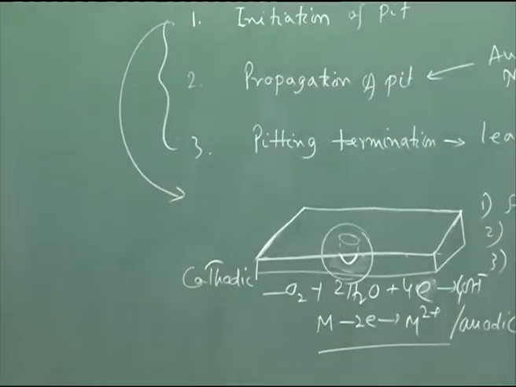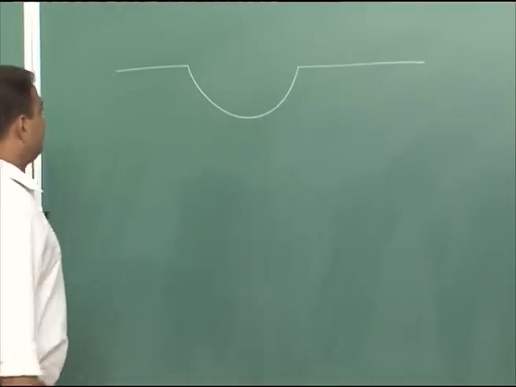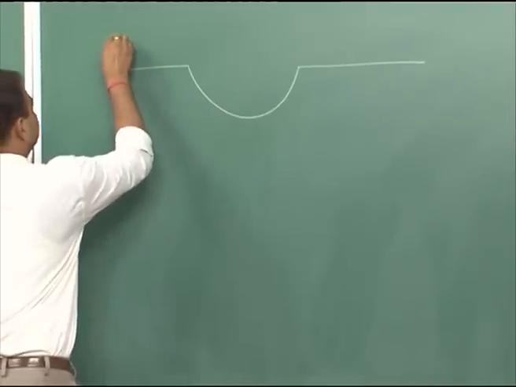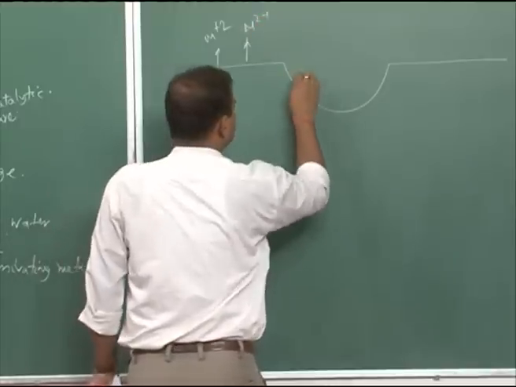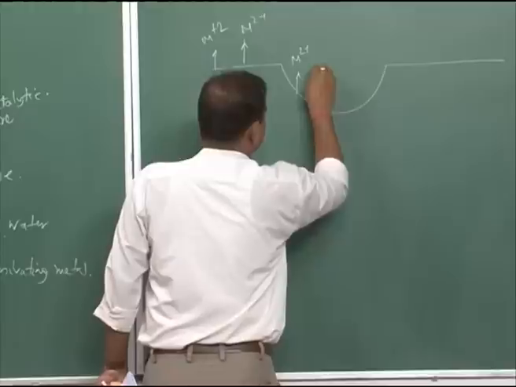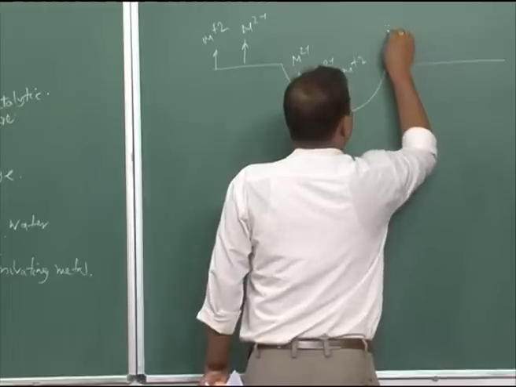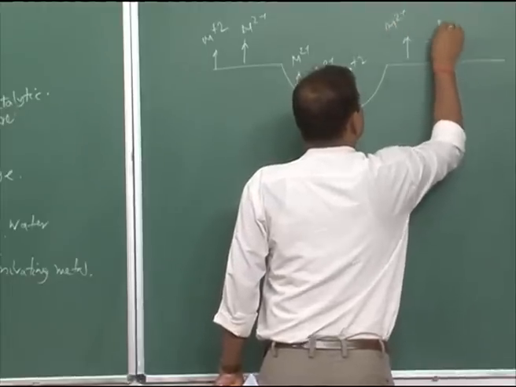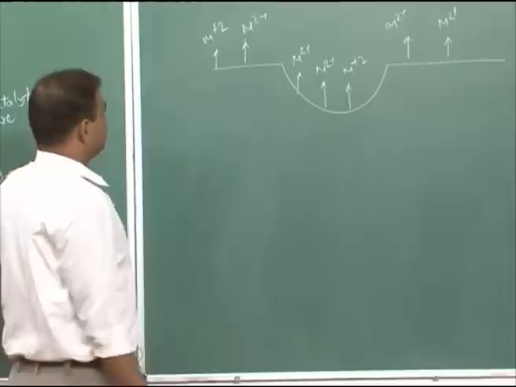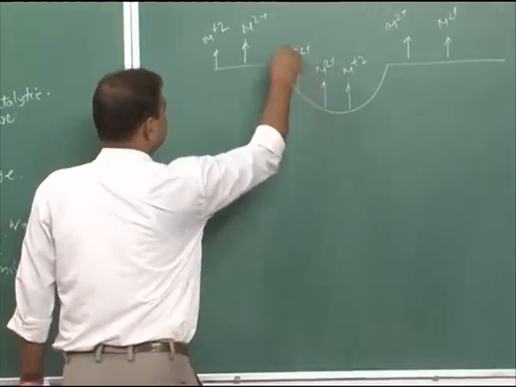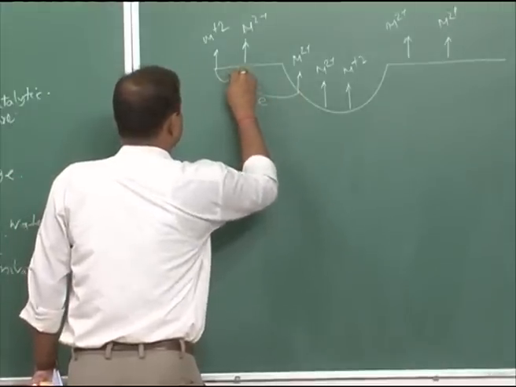Now, once we have this pit formed, let us zoom into this part. What happens at this zone? Still we see that metal ion is forming, and of course, the electrons released by this anodic reaction will be consumed elsewhere.